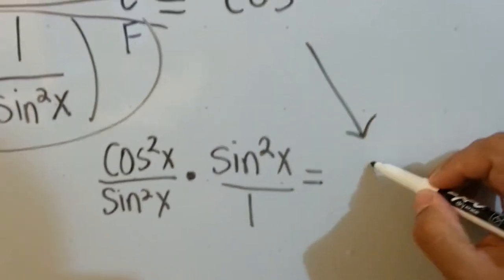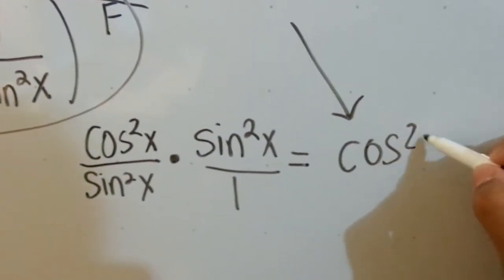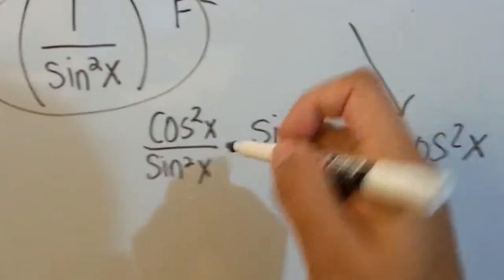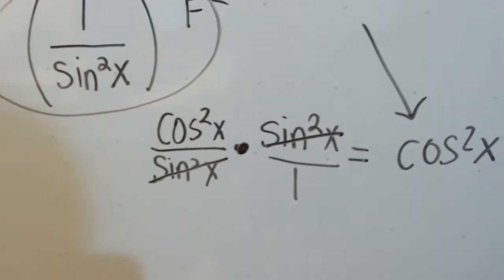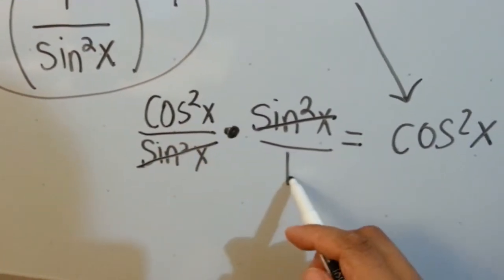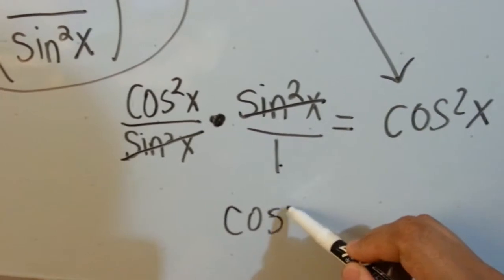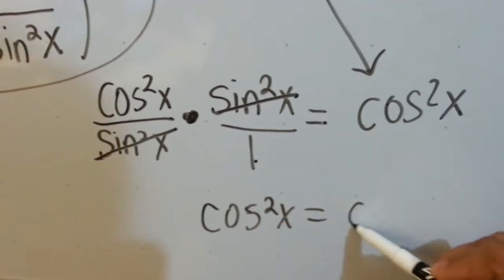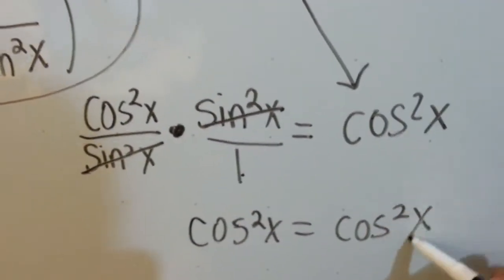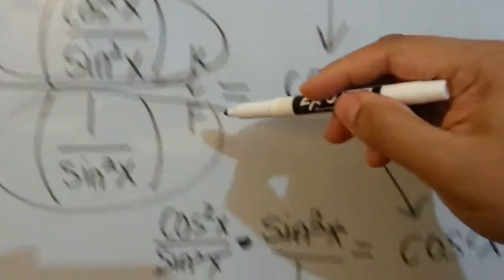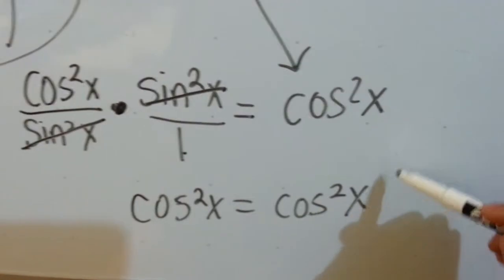We're trying to get this to equal cosine squared x. Now it's multiplication, so we can cancel. These cancel, and you're left with cosine squared x over 1, and cosine squared x over 1 is cosine squared x. We have proven that the original problem is equal to cosine squared x. Done.